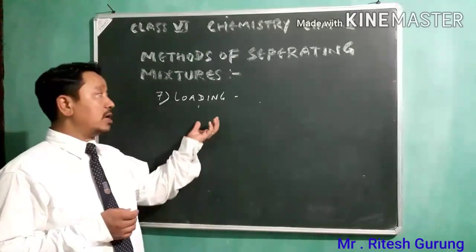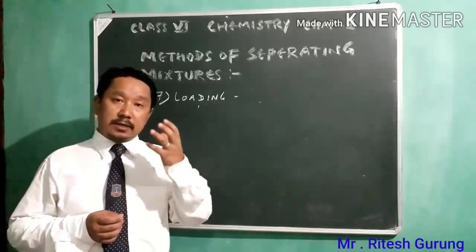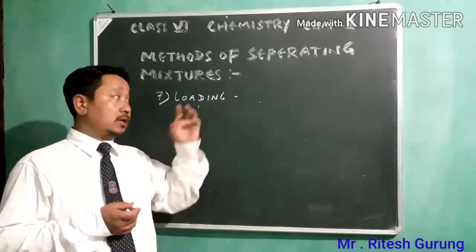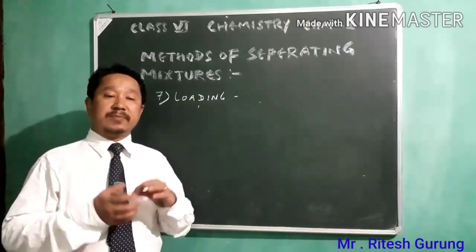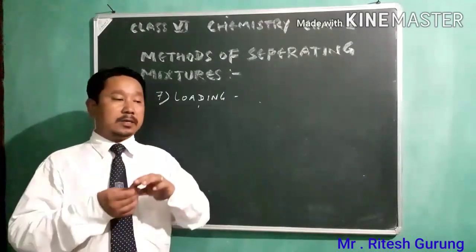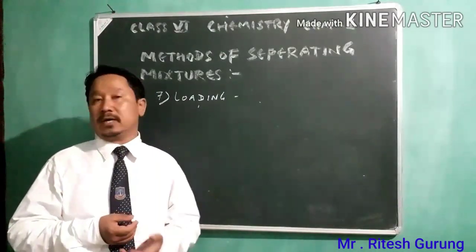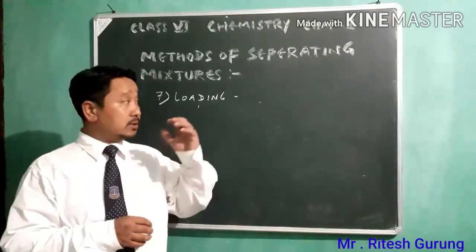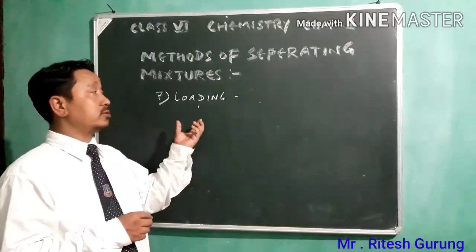So here what we do is that we add alum or something to the mixture so that the fine particles coming in contact with the alum become heavy and get collected down there in the bottom of this container. So that way we use the method called loading.